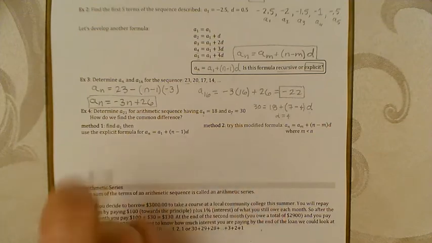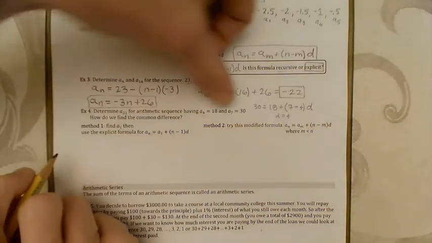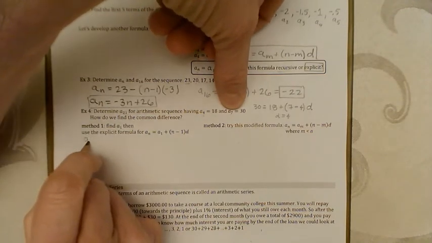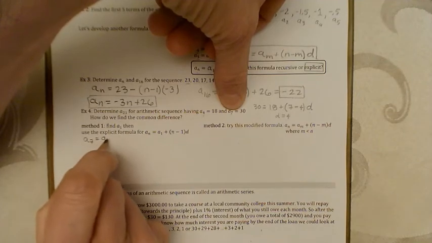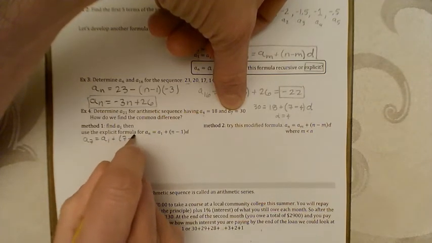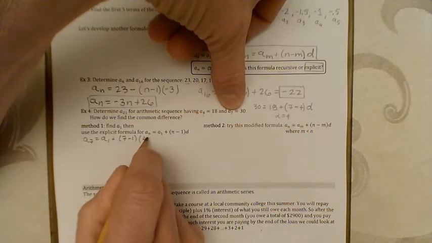So there's two different methods. You could certainly go back and use this term, a sub 7, and use it to find a sub 1. And we would use 7 minus 1 times the d, which we know is 4.